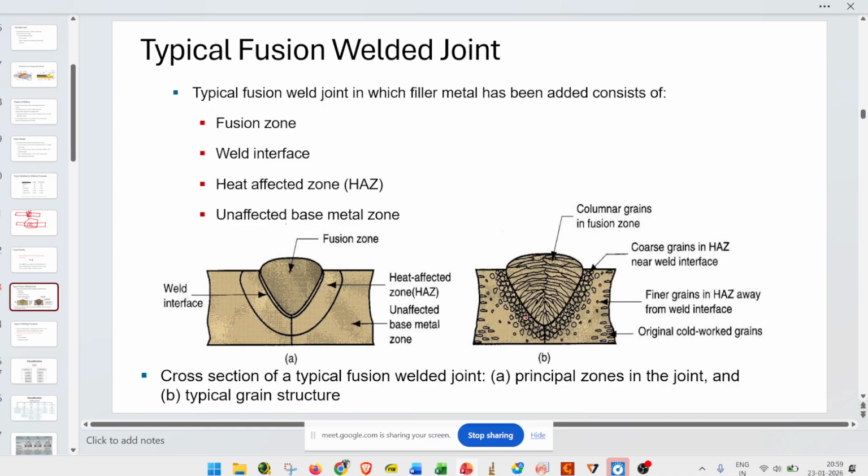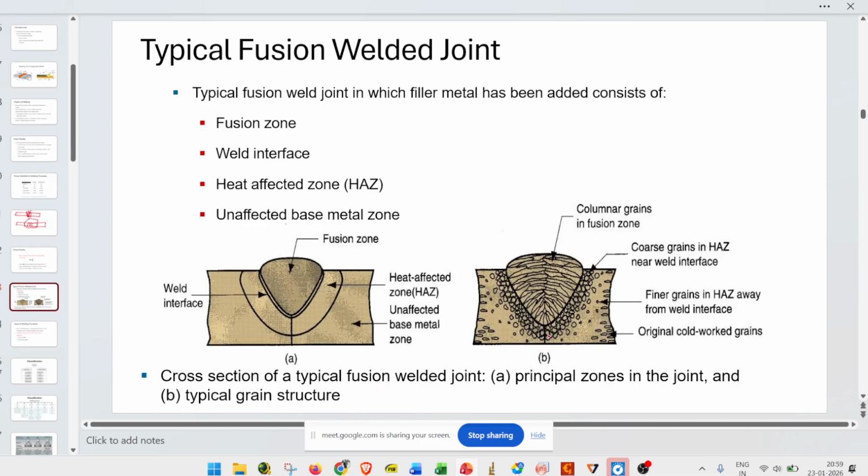In arc welding, the temperature reaches thousands of degrees in a fraction of a few seconds, and immediately cools down to 500 or 300 degrees, whatever the temperature, within the next 3 to 4 seconds or so. So because of the faster heating and faster cooling, the grains form as columnar grains.